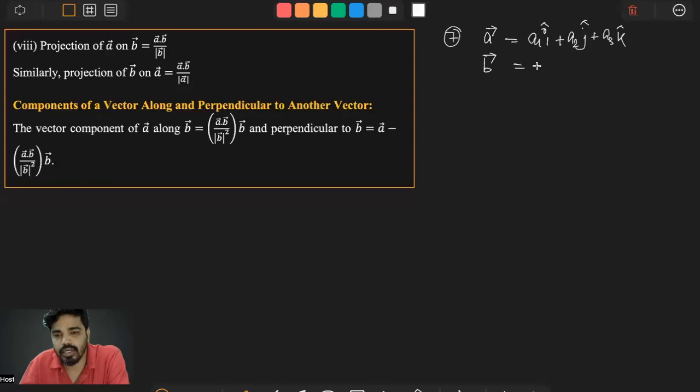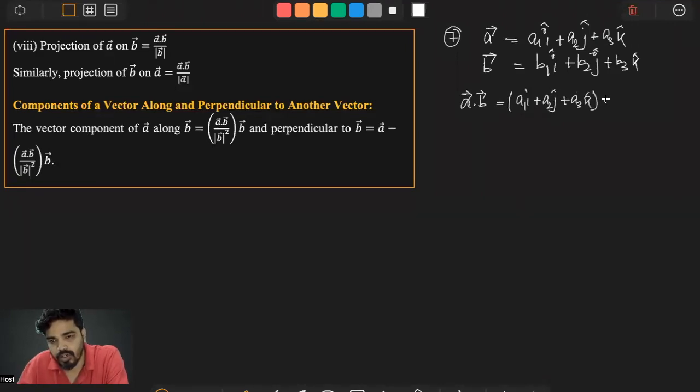And b is equal to b1i plus b2j plus b3k. Then a dot b. So what is a? A is a1i plus a2j plus a3k. Dot, what is b? B is b1i plus b2j plus b3k.